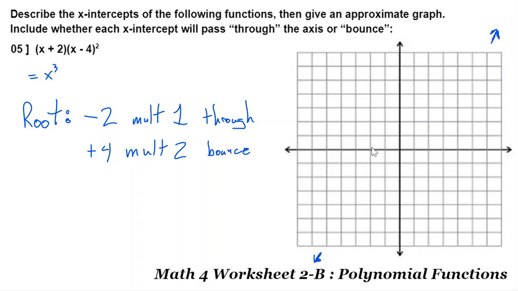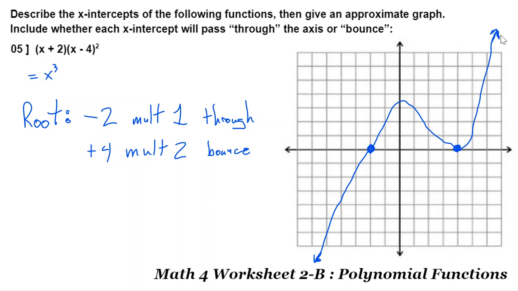So let's plot our two roots. We have a root at -2, and we have a root at +4. Now, we know that it's going to pass through the -2, and we know that it's going to bounce off of that guy and do something like that.